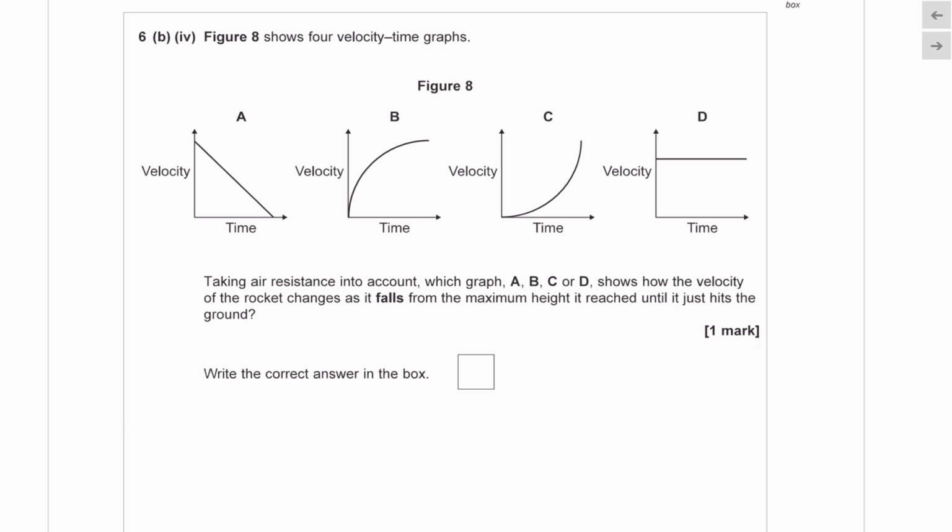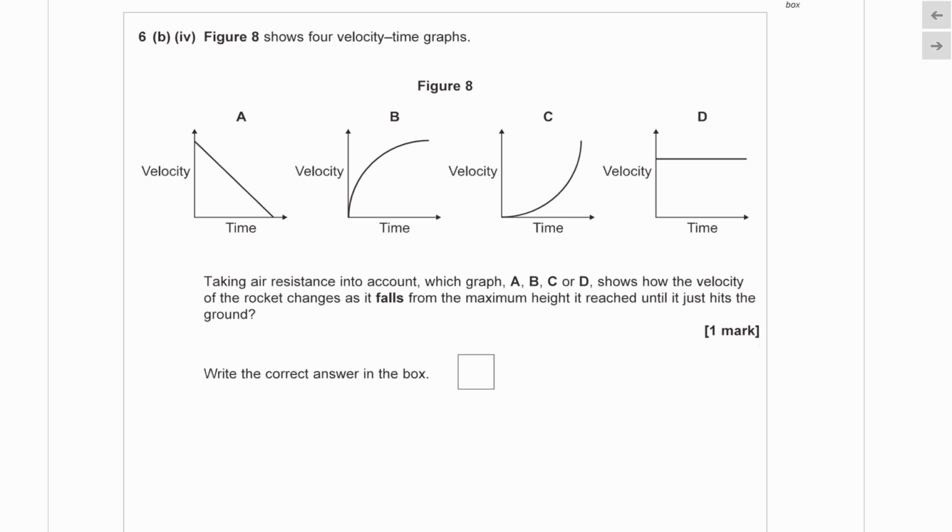But that acceleration is provided in terms of its weight, and the weight is the force acting downwards, okay? As the velocity increases though, air resistance increases as well. So as air resistance increases, the resultant force on the rocket is going to decrease. When the resultant force decreases, the acceleration decreases until the acceleration equals 0.